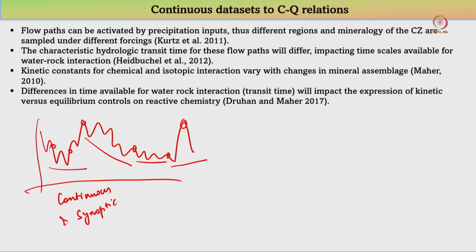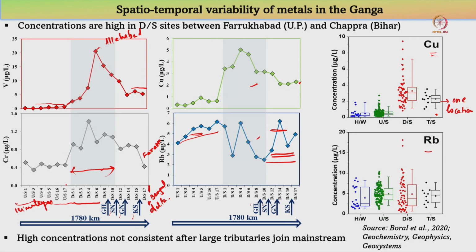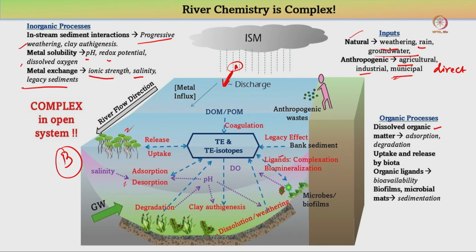Because that gives us much more information on why rubidium is behaving like this, why chromium is behaving like this, rather than saying this much is coming from weathering and this much is coming from weathering. Am I able to show the entire complexity that is seen or expected of a natural system?